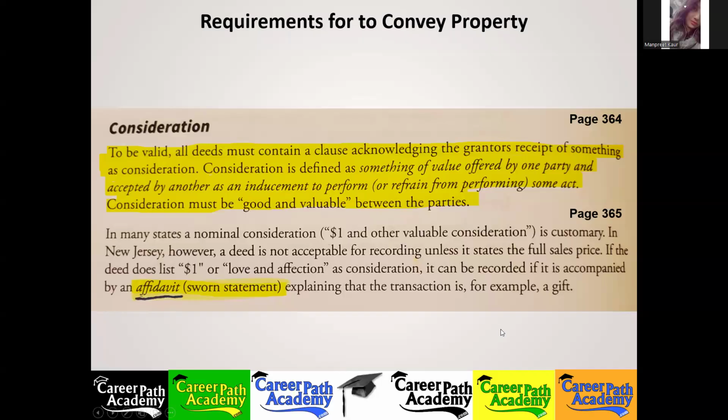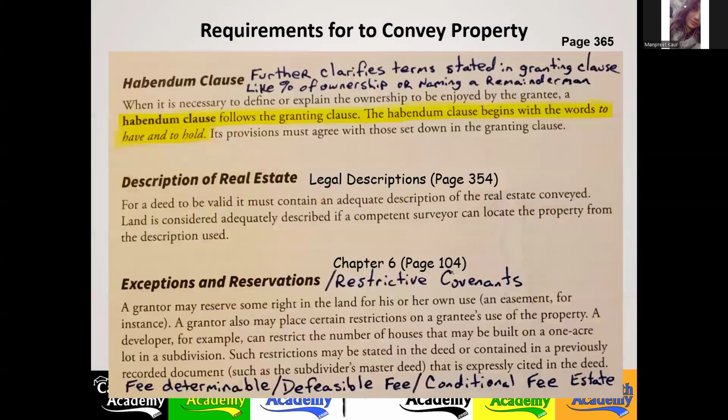Got it. All right. Now the habendum clause. We could highlight that the habendum clause follows the granting clause, begins with the words to have and to hold. And I wrote over here, it further clarifies terms stated in the granting clause, like percentage of ownership or naming a remainder man. And I just realized that it's all in my chicken scratch and I did not write over it.